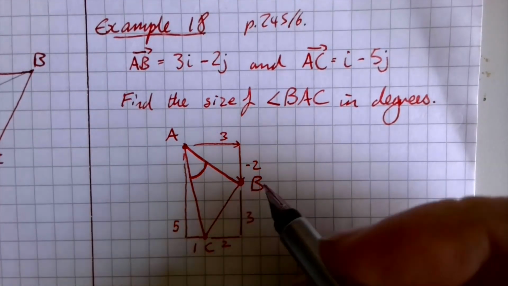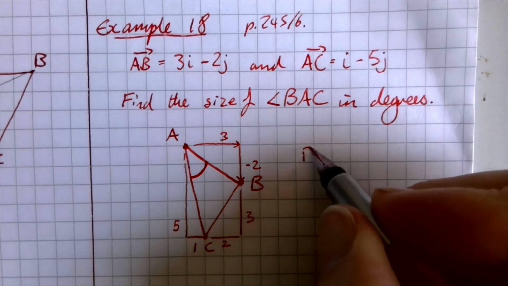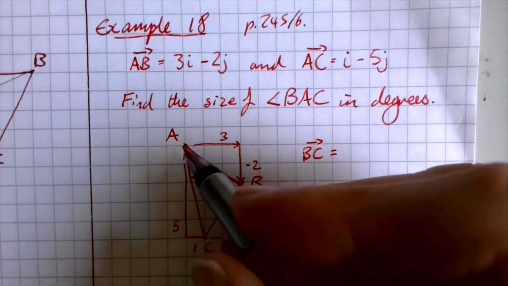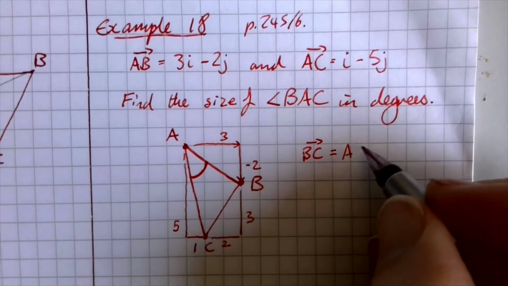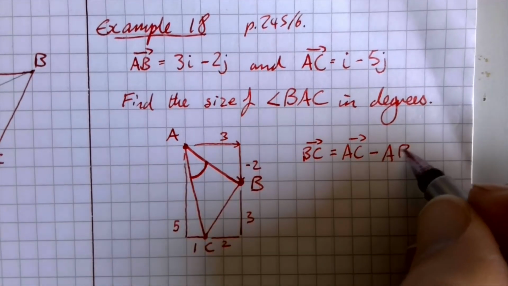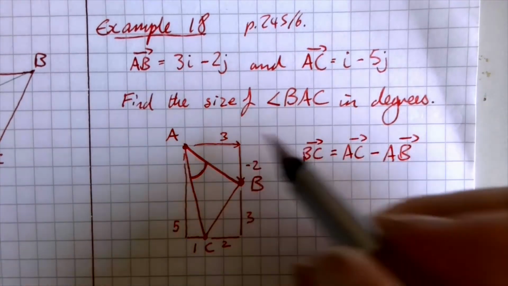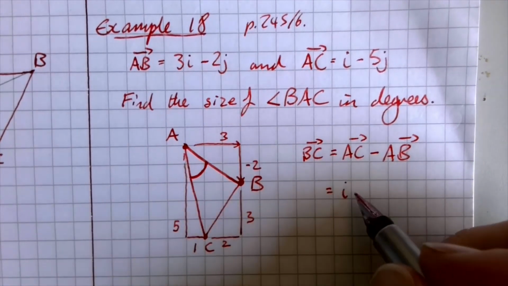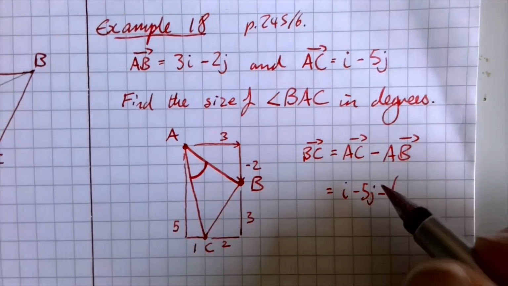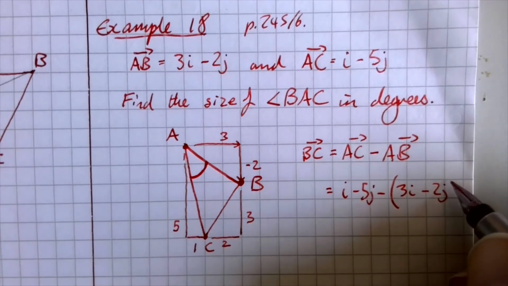If you wanted to, and we may as well because it's all good maths, you could work that out using what we know already about vectors, in that BC is going to be AC minus AB. So that means that BC is going to equal AC, which was 1I take 5J, taking away, I'm going to put this in brackets so I don't make a mistake, 3I take 2J.